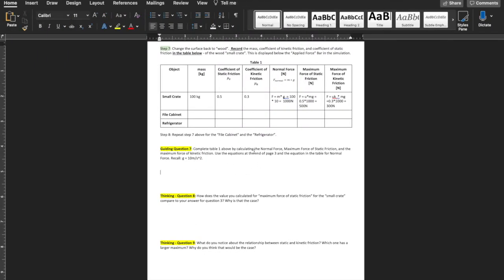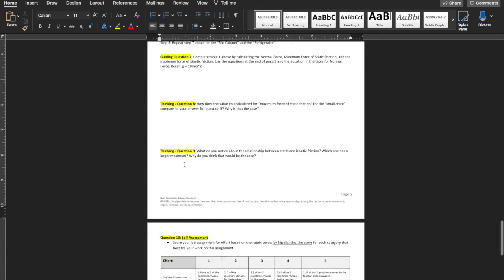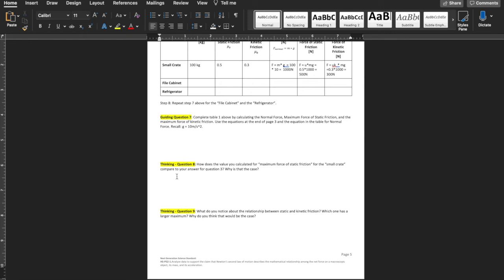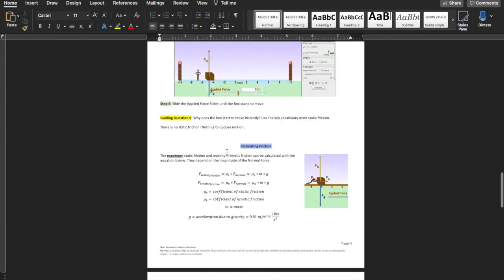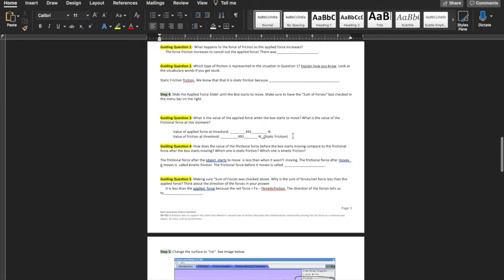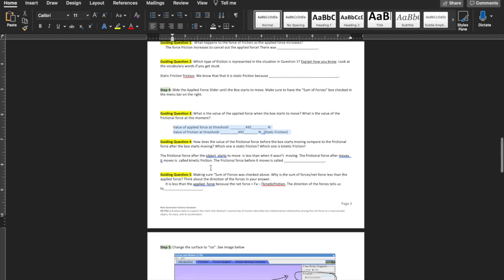So after we've completed, guiding question 7 is just to complete table 1. Question 8, though, we are comparing the value for the maximum force of static friction to the answer in question 3. Well, remember, this is from answer 3.